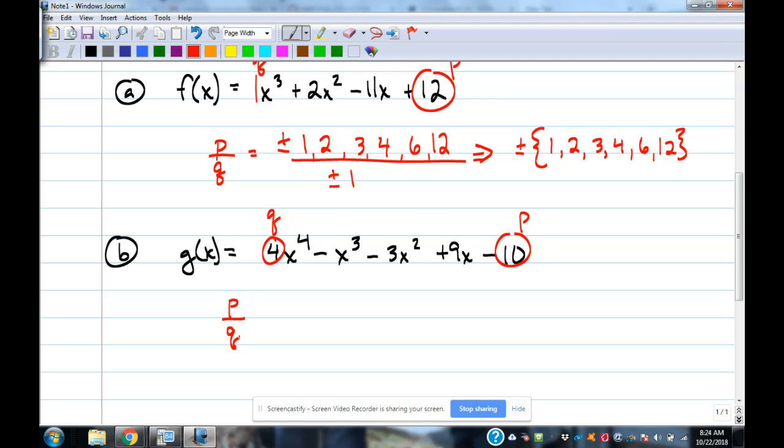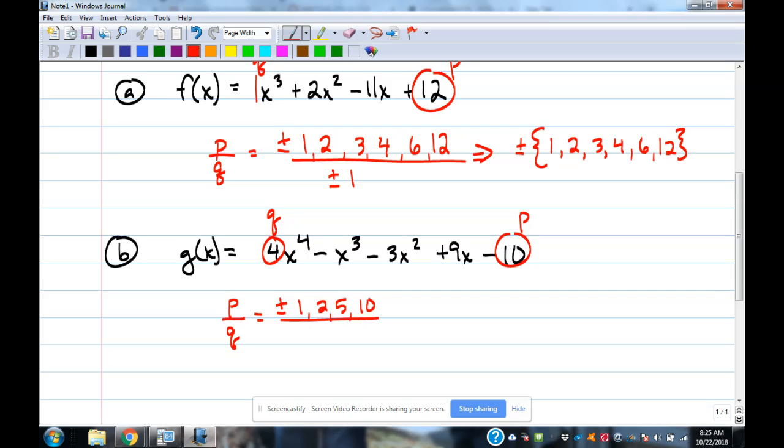P over Q. What are the factors of 10? 1 and 10, 2 and 5, and that's it. So there's only 4 factors for 10.